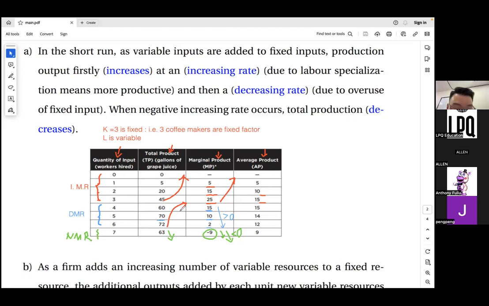My last question about this table is: if these data points are reliable, true data points collected from the real business world, then why do we see, especially for the first stage called IMR, this pattern? If one unit of labor can produce 5 units, that means 2 units of labor can produce 10, and 3 units of labor can produce 15.